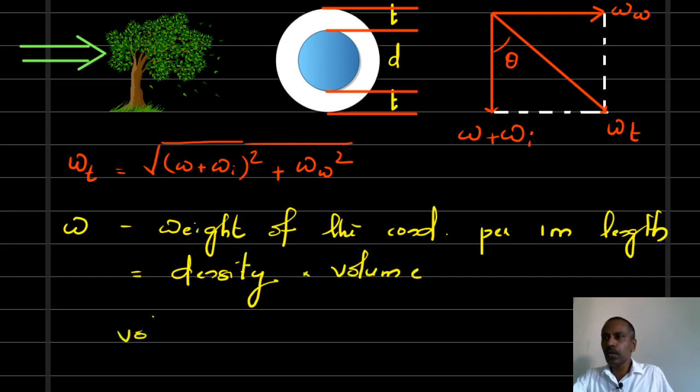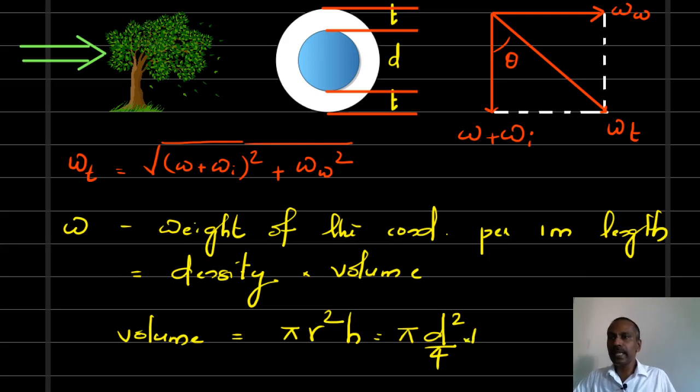The conductor has the shape of a cylinder, so the volume is pi r square h. Here r is equal to d by 2, so it is pi d square by 4 into h, where h is equal to 1, because we consider a 1 meter length conductor. This is how we find the volume, and so you get the weight of the conductor using this expression.